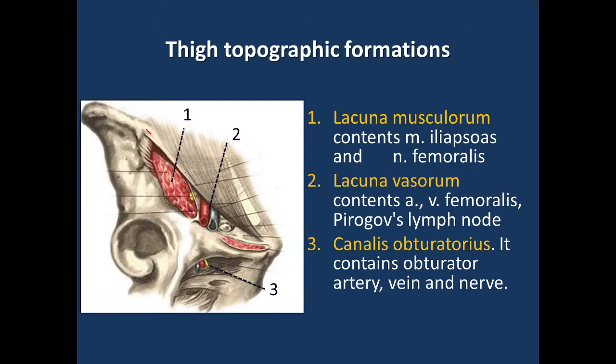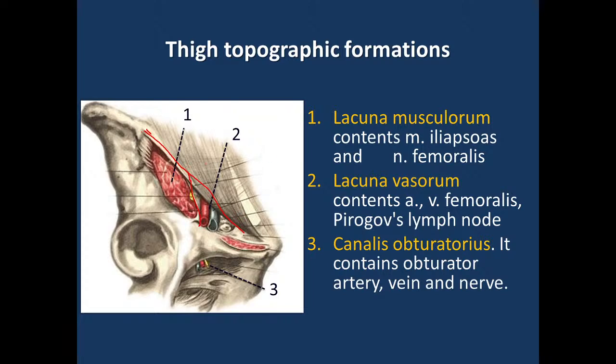These are the two lacunas located under the inguinal ligament, and here between the pelvis and the ligament we see the arcus iliopectineus, a formation between two lacunas.